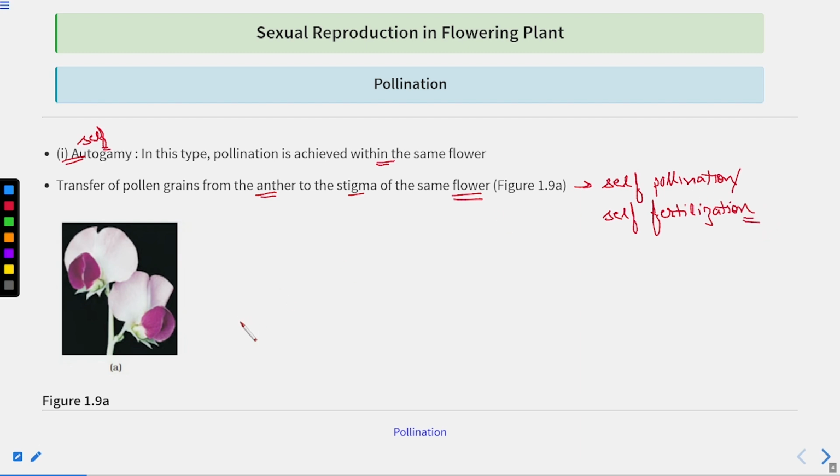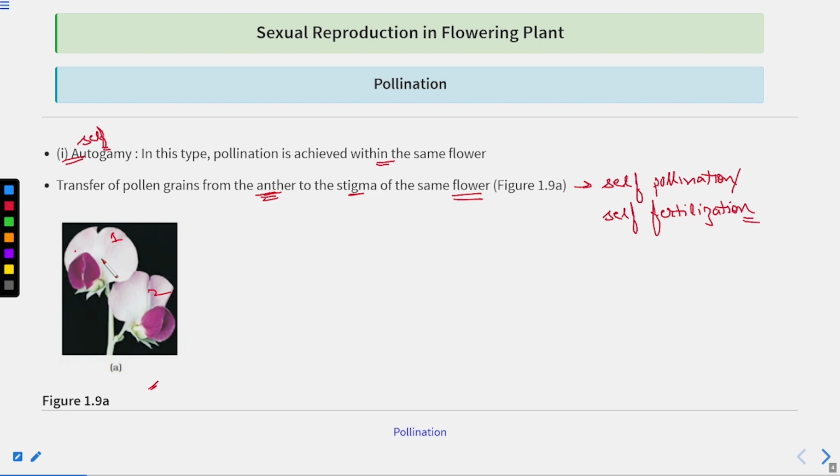Here you can see in this image, these are the flowers which show autogamy. There is a transfer of the pollens from the anther to the stigma of the same flower. This is flower 1, this is flower 2. Here the stamens should be present.